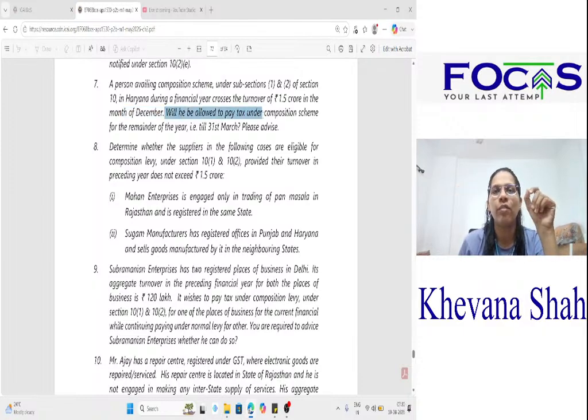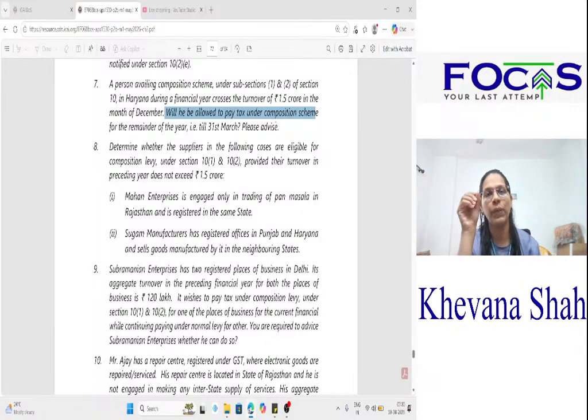Will he be allowed to pay tax under composition scheme for the remainder of the year, that is till 31st March? Please advise. So this person is crossing the turnover limit of 1.5 crores in December, and the question is whether that person will be allowed to pay taxes under composition scheme till 31st of March.